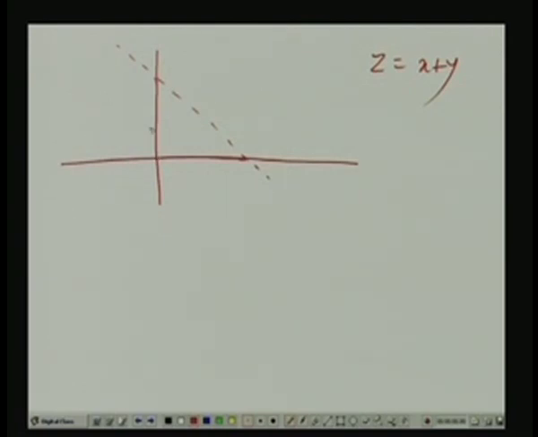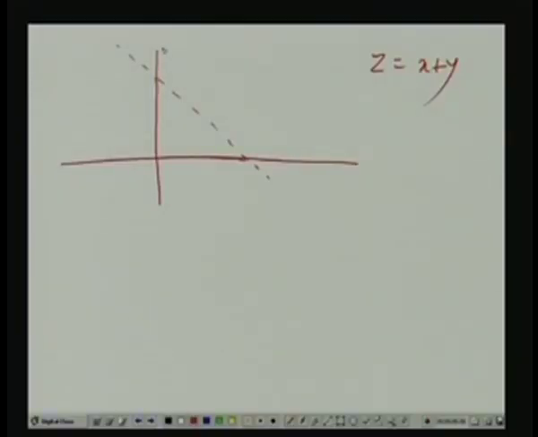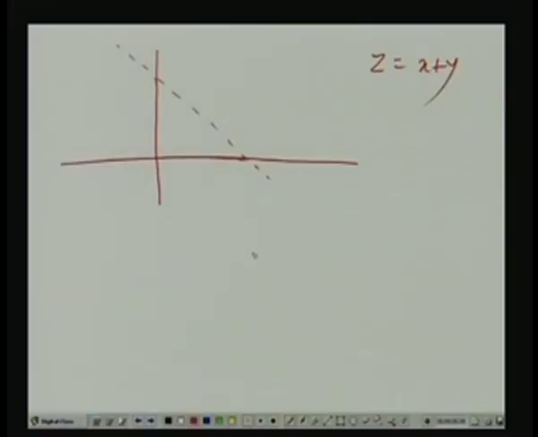As the value of z increases, that is, as this line moves further outward, the value of z also increases. So it is a plane going further up, because as these intercepts increase, the value of z also increases. A simple case. So, how do we find the probability distribution of z?